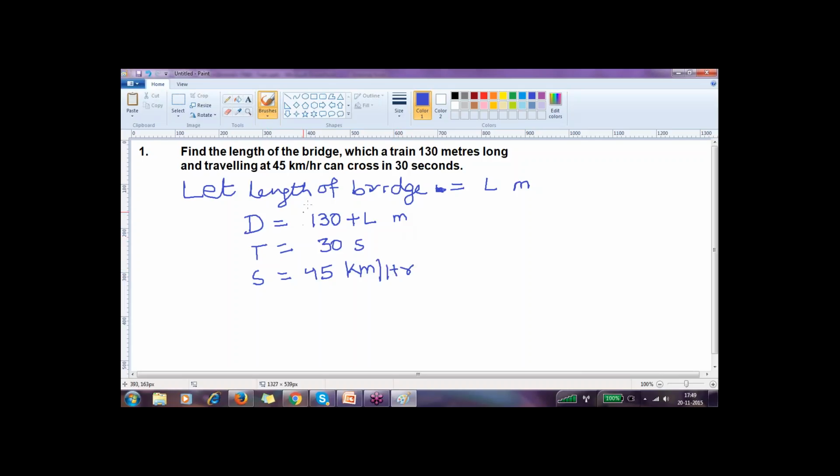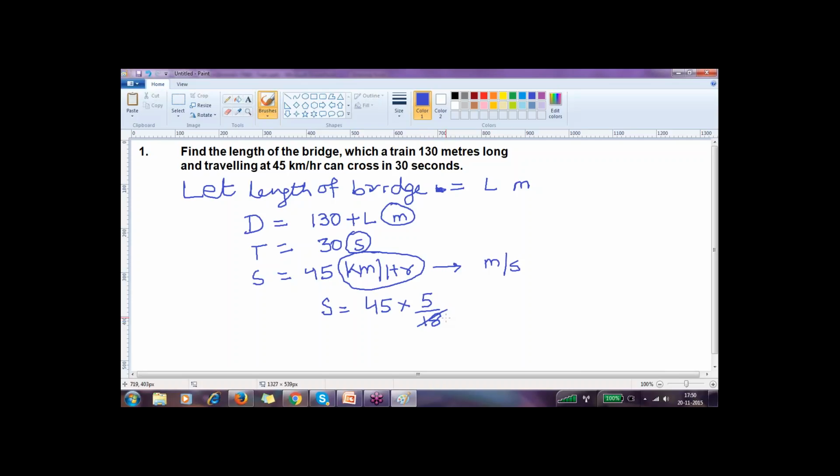Now you see here, your distance is in meters, your time is in seconds, but speed is in kilometers per hour. Units are not matching. So this needs to be changed to meters per second. What do I do? S is equal to 45 into the factor you remember, 5 by 18.